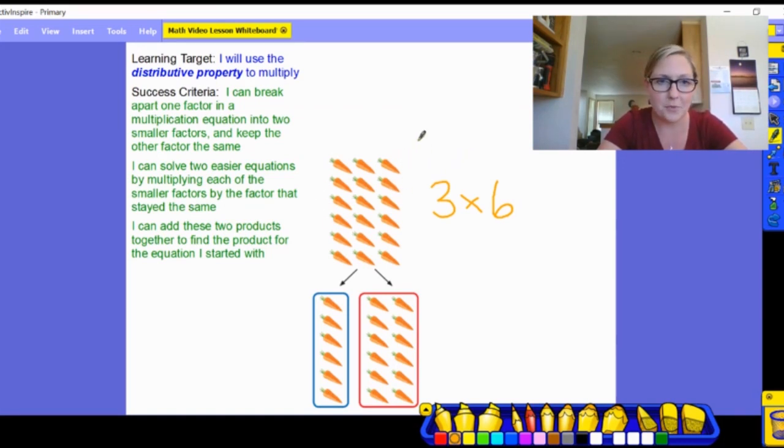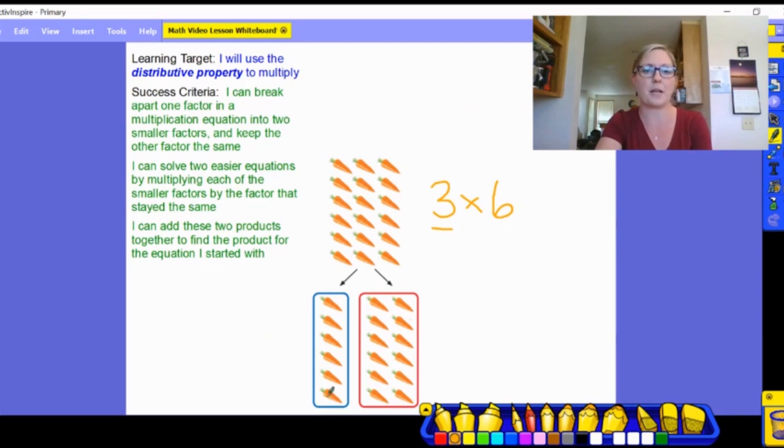And in this example, the reason I wanted to look at it is because I mentioned before we can use distributive property to break apart the bigger factor, but you don't always have to break apart the bigger factor. You can also think about how to break apart the smaller factor. So in this example, the smaller factor would be 3.